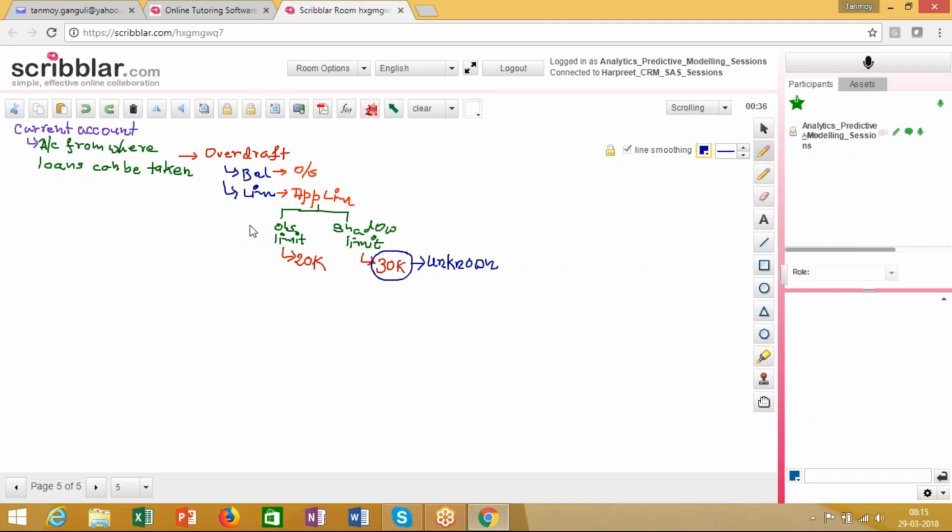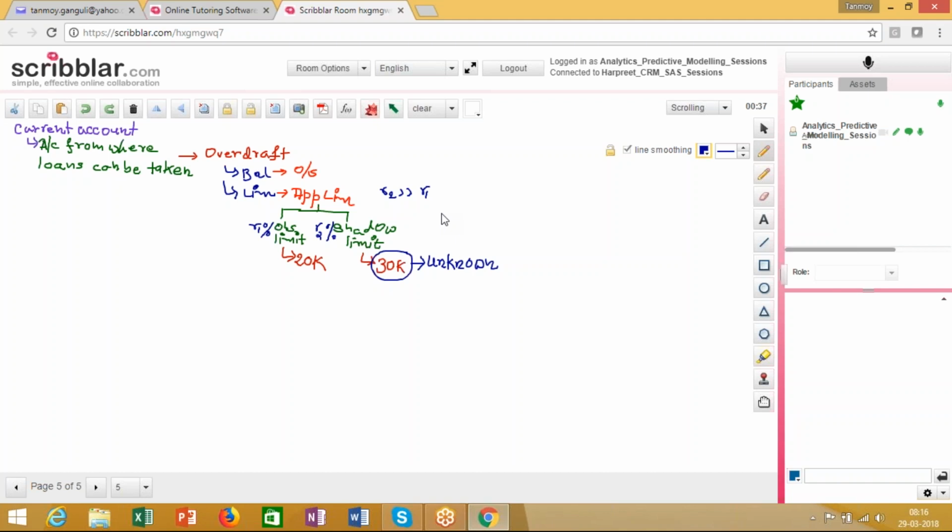Say up to the observed limit the rate of interest is R1, and for the shadow limit it is R2%, where R2 is strictly greater than R1.